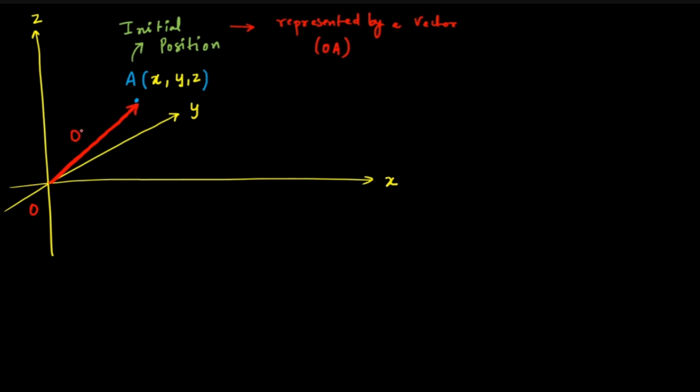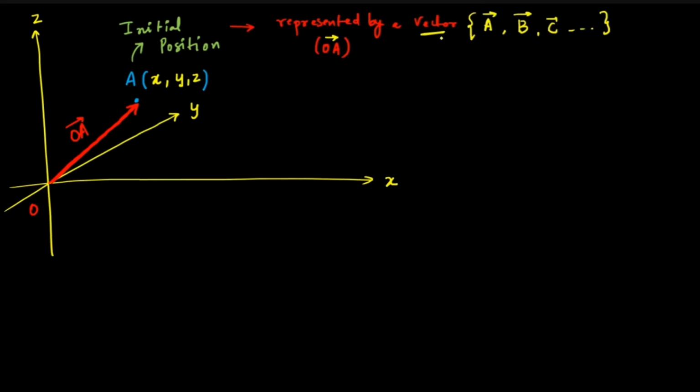One more thing we need to talk about vectors is that a vector is represented by an arrowhead. That is an important point. For example, any vector can be represented by, let's say, A vector, B vector, C vector, and any other vector which is possible.